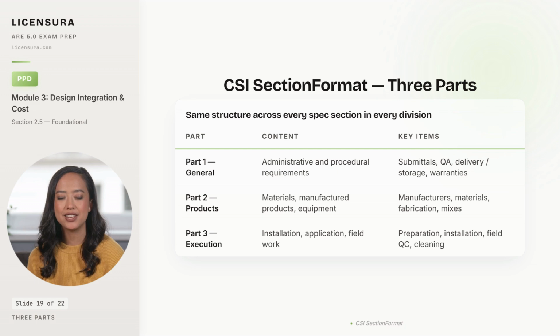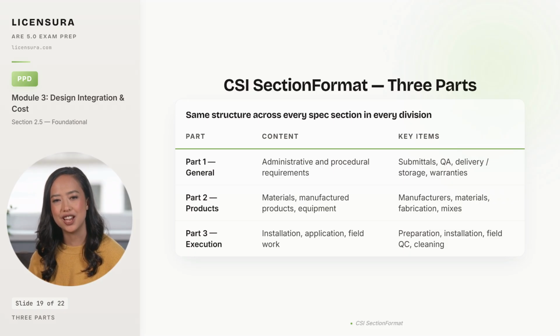Part 3, Execution, covers how the products get installed or applied, site preparation, installation methods and workmanship standards, field quality control like testing and inspection, and final cleaning. If the contractor wants to know how to install what they bought, they look in Part 3. Put the wrong content in the wrong part, and the spec falls apart at the bid table.